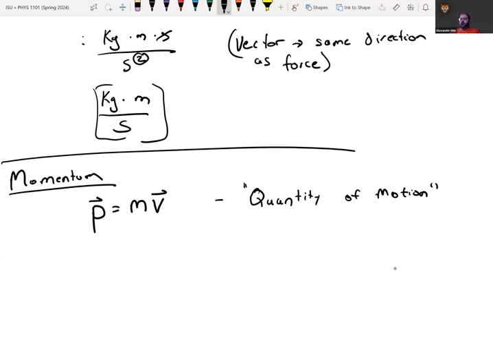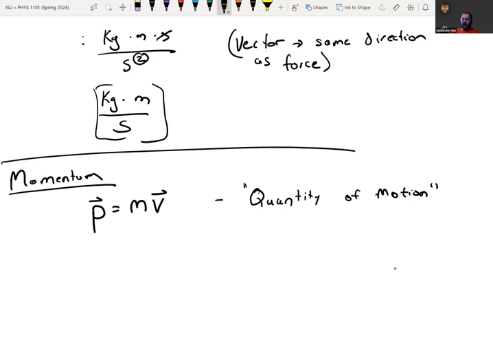So this was how he quantified motion: it had some amount of mass and some velocity. That was a quantity of motion. Now we call this momentum, but it is fundamentally the same thing that he was talking about.